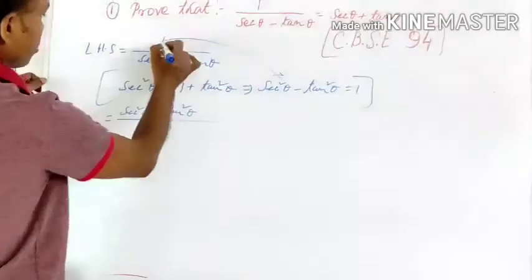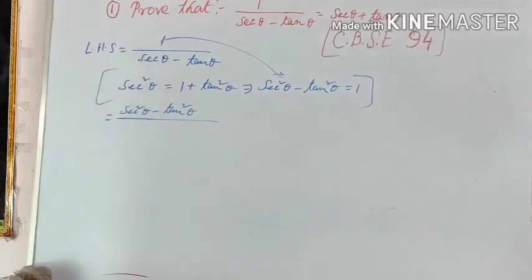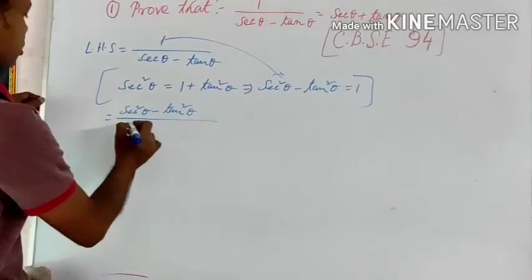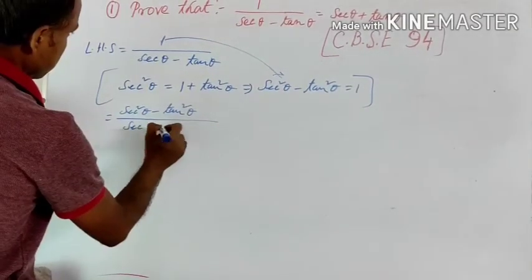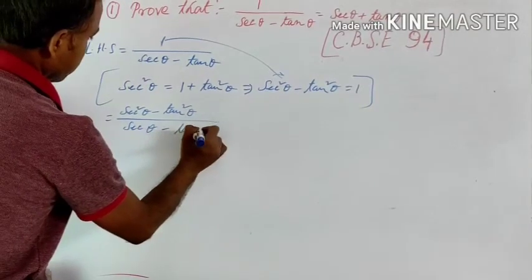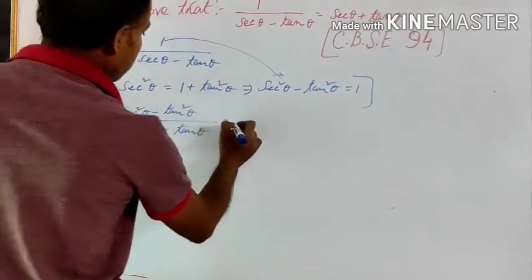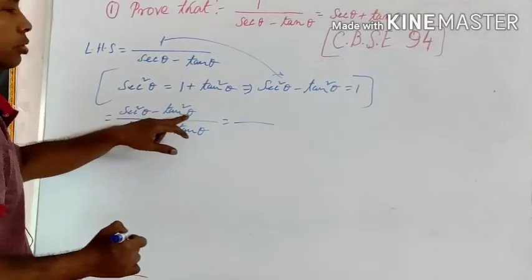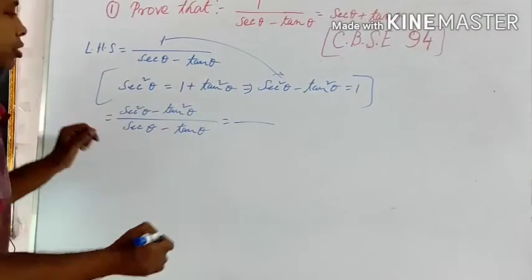This will be sec square theta minus tan square theta by sec theta minus tan theta. This is a square minus b square, that is a plus b into a minus b.